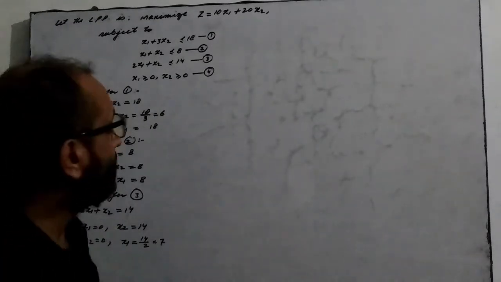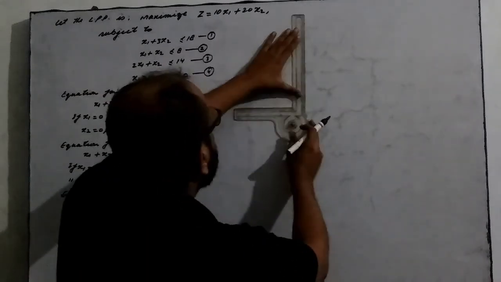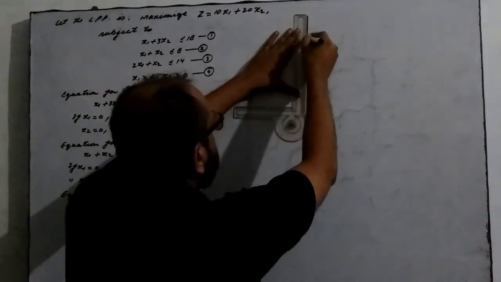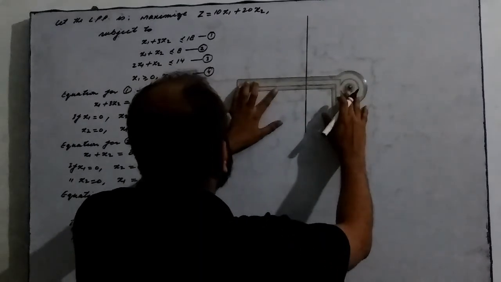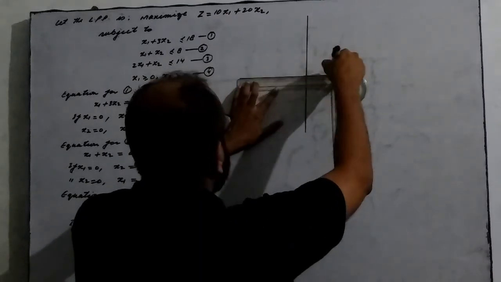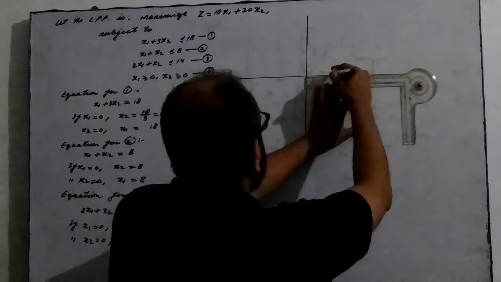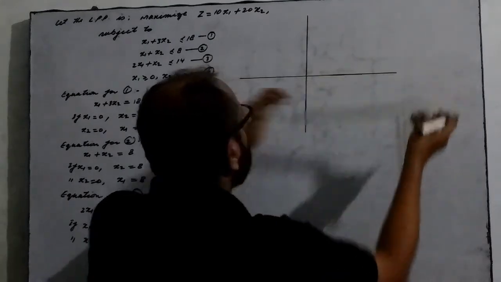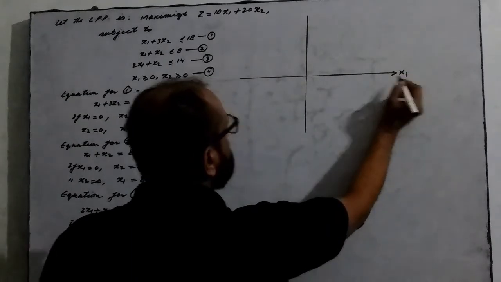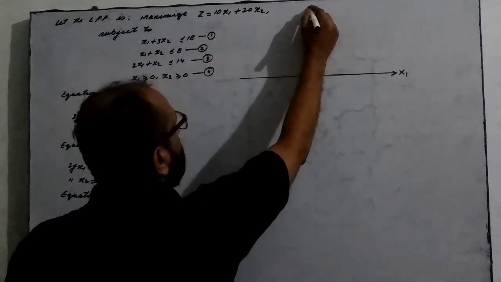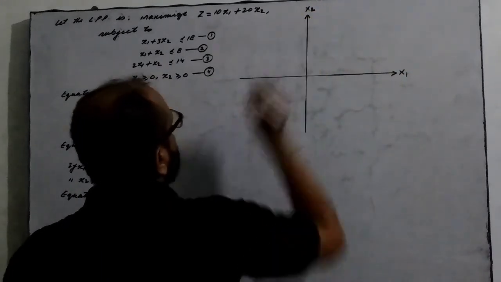So now we are going to draw the graph. First we draw two mutually perpendicular straight lines, taking the horizontal line as the x1 axis and the vertical axis as the x2 axis.